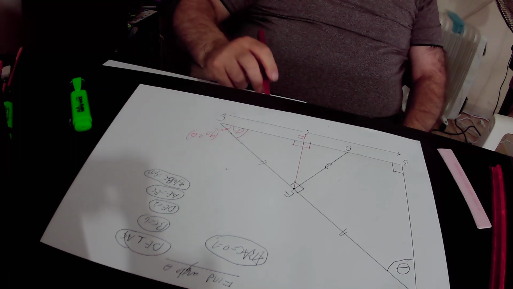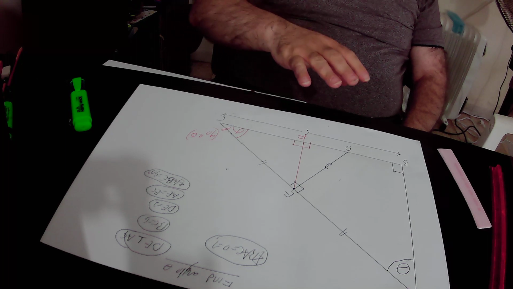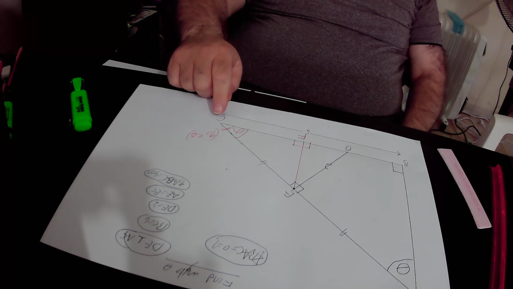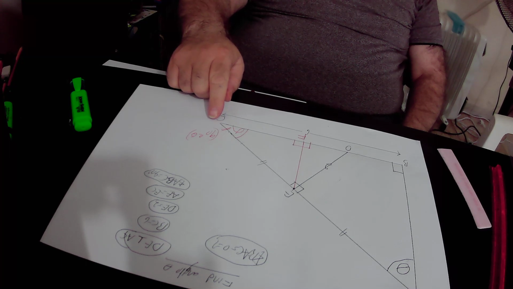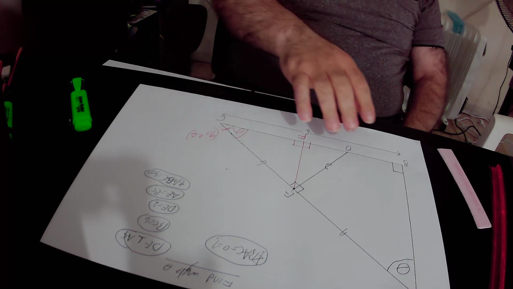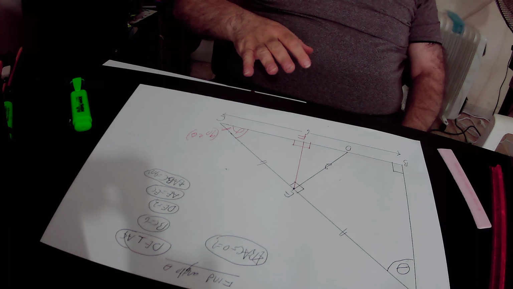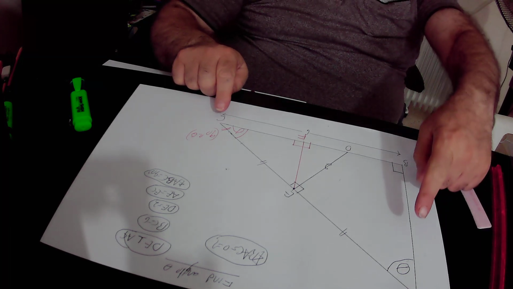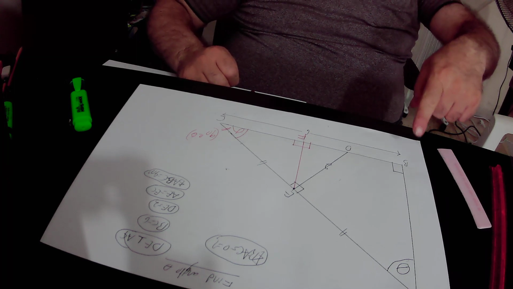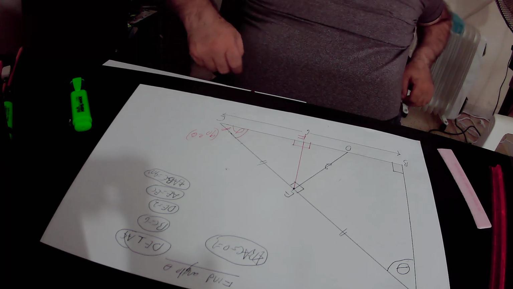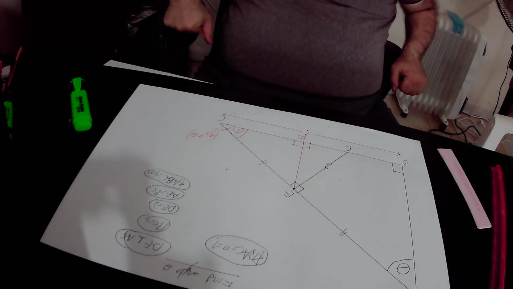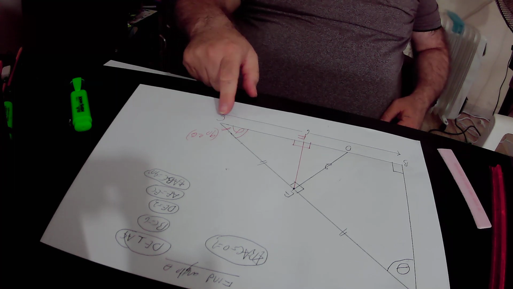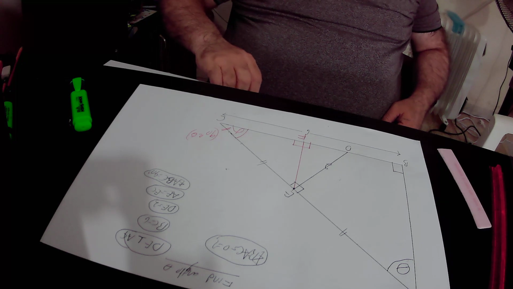Because the sum of the angles in any triangle is 180 degrees, and only if this angle is equal to 90 degrees minus theta, the sum of the angles in triangle ABC will be equal to 180 degrees. Because 90 degrees minus theta plus theta is 90 degrees, and 90 degrees plus 90 degrees is 180 degrees. So here we actually found out that alpha equals 90 degrees minus theta.